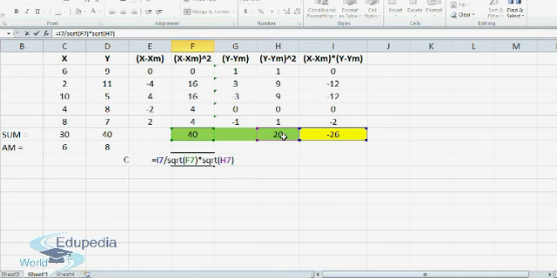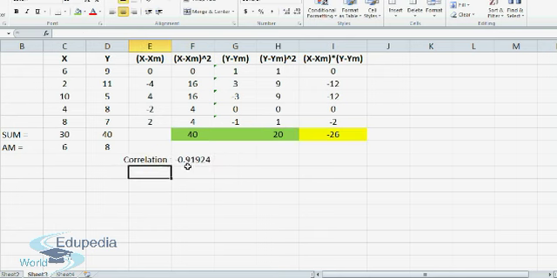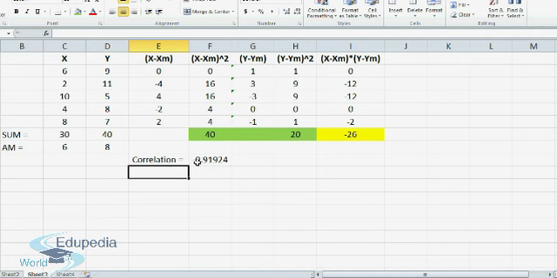Okay, this whole is in the denominator, so let me put the whole denominator in one parenthesis, and that's our correlation. And you see that this time the correlation happens to be negative, and of course the covariance was also negative. So quite obviously the coefficient of correlation will also be negative.